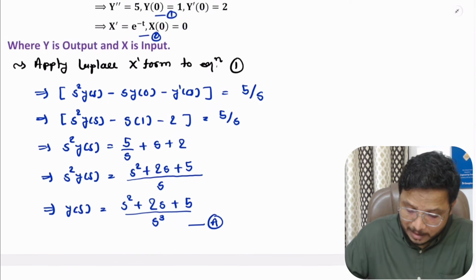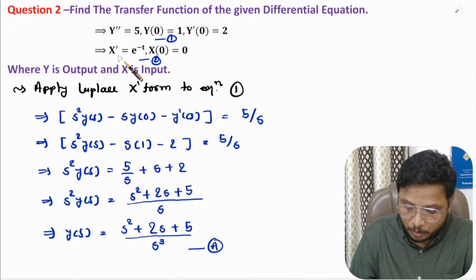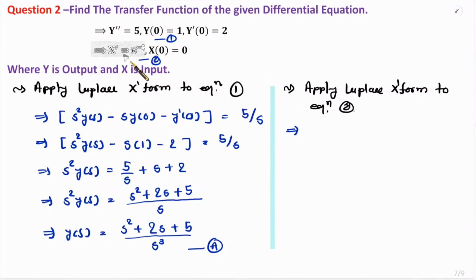Now I will apply the Laplace transform to equation 2. In equation 2, we have single differentiation of x with respect to time. The Laplace transform of single differentiation is s into X of s minus x of 0. And on the other side, we have e to the power minus t.